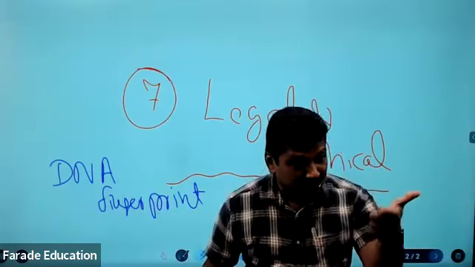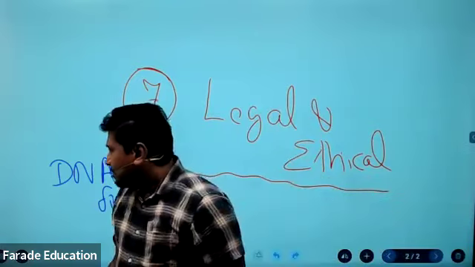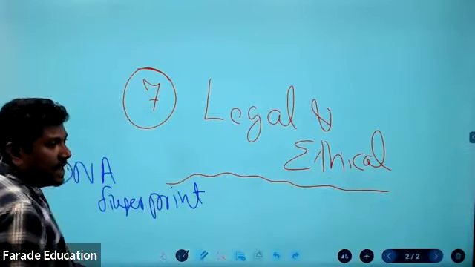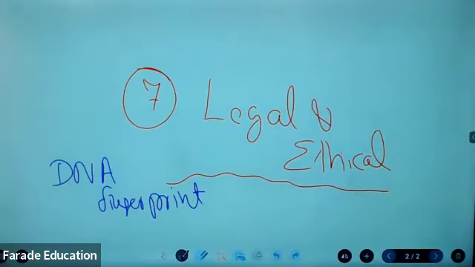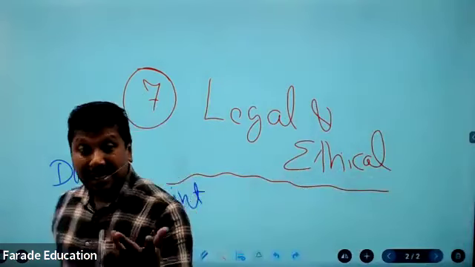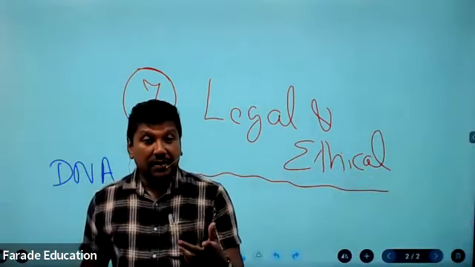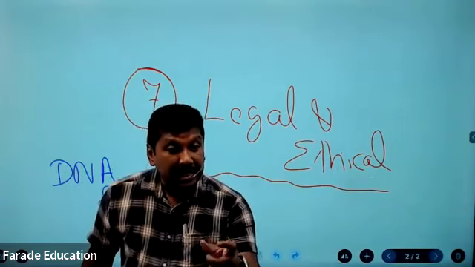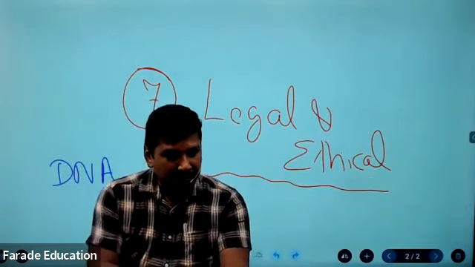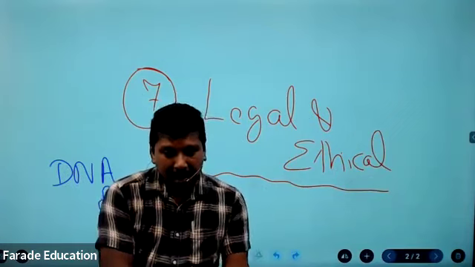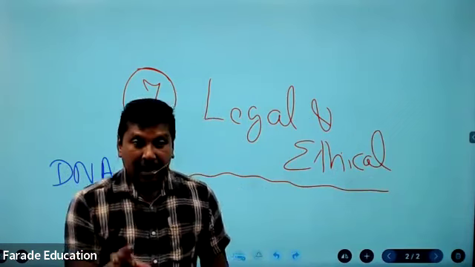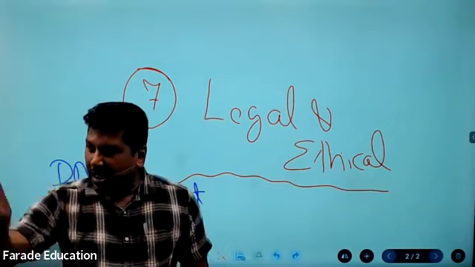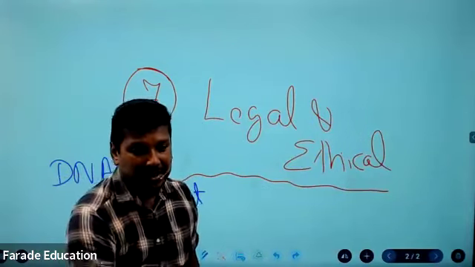So parental issues, number one. Number two, criminal cases. In murders and all these cases, especially rape cases, the rapist is identified by DNA analysis of the sperm, or if he has left blood or hair particles, follicles. So you analyze and can give a clear judgment that this is the person who has raped this girl.